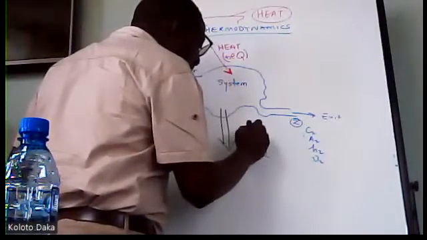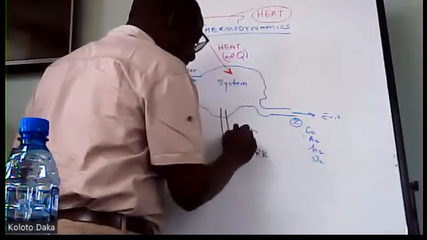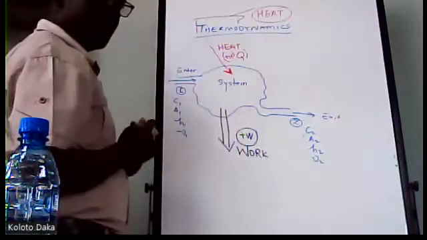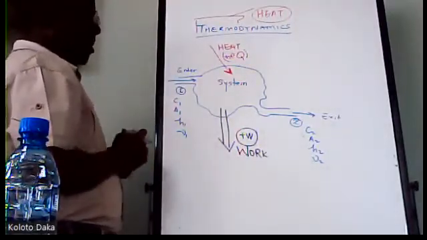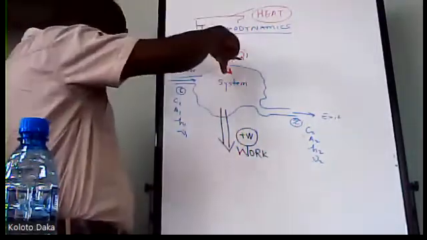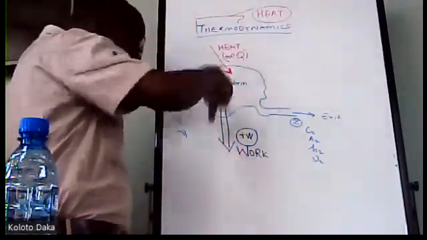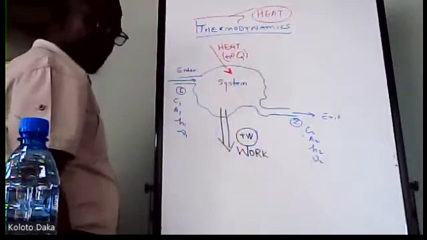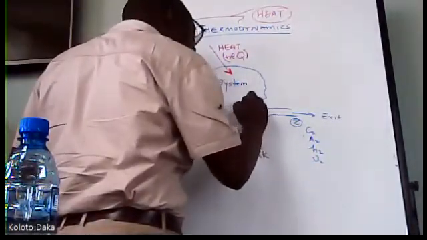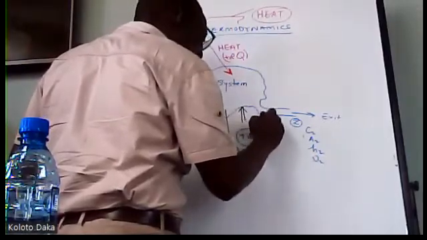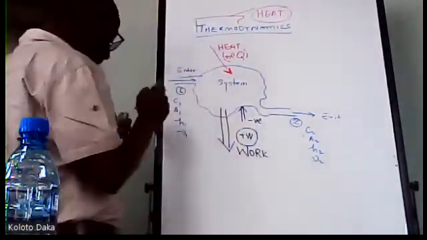Whenever work is coming out of the system, it shall be what? Positive. Yes. Heat comes in is positive. Work comes out is positive. When the reverse happens, when work goes into the system, it becomes what? Negative.